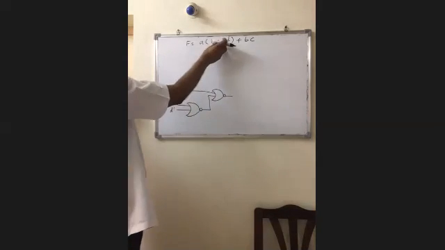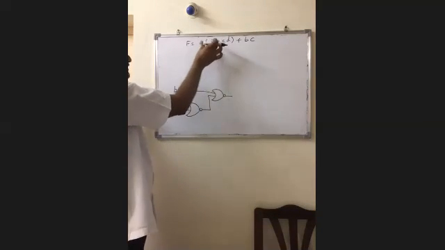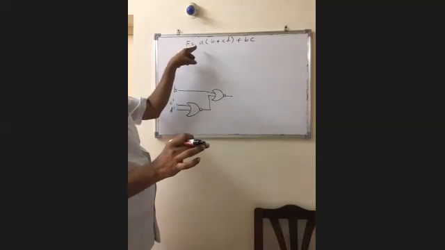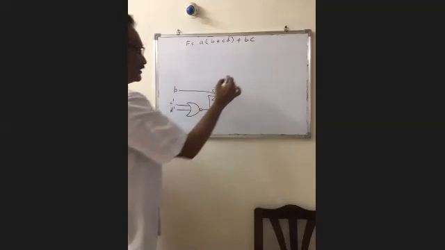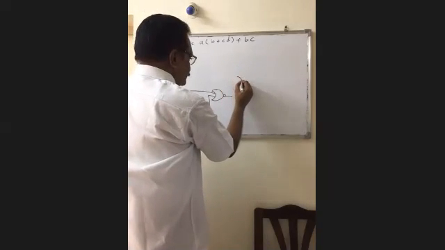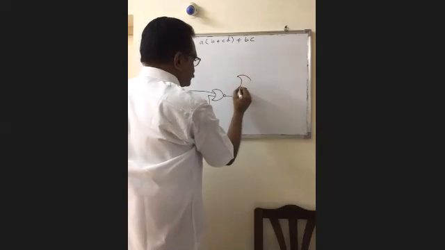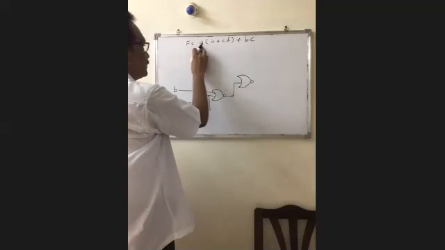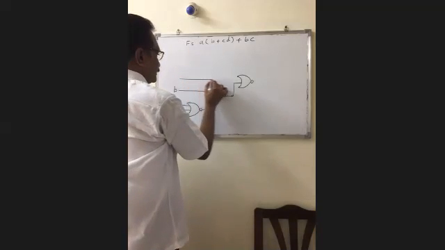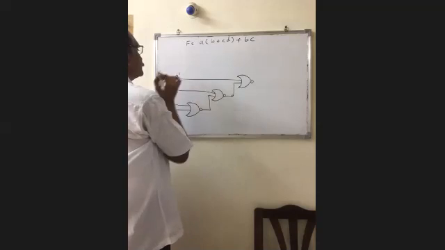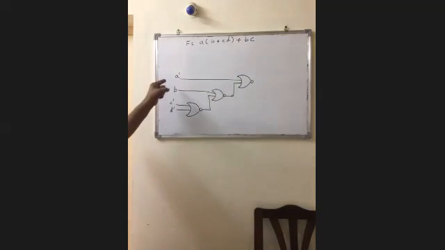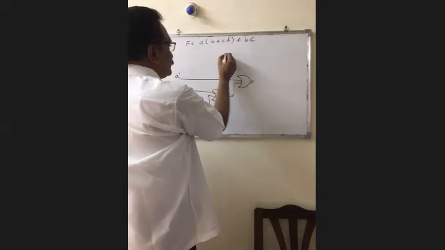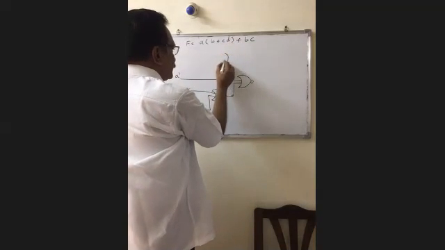Next, this one is X and this one is A, this is the product term. So for a product term by using NOR gates, you have to connect the complements of the inputs. So take one more NOR gate here and apply the complement of this one. Next, for this part, take one more 2 input NOR gate.